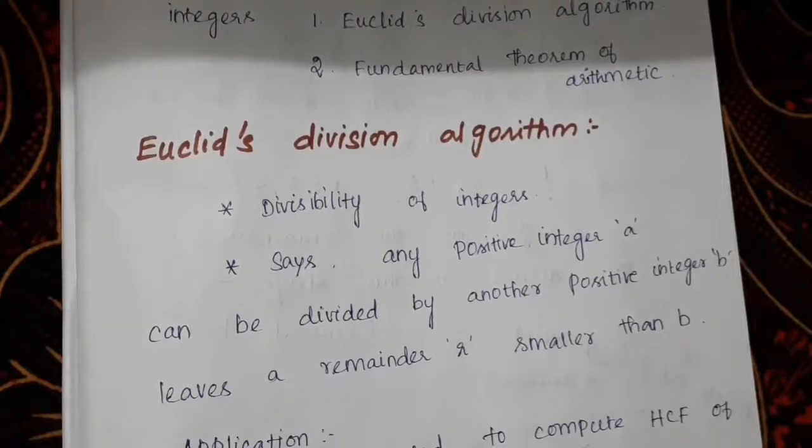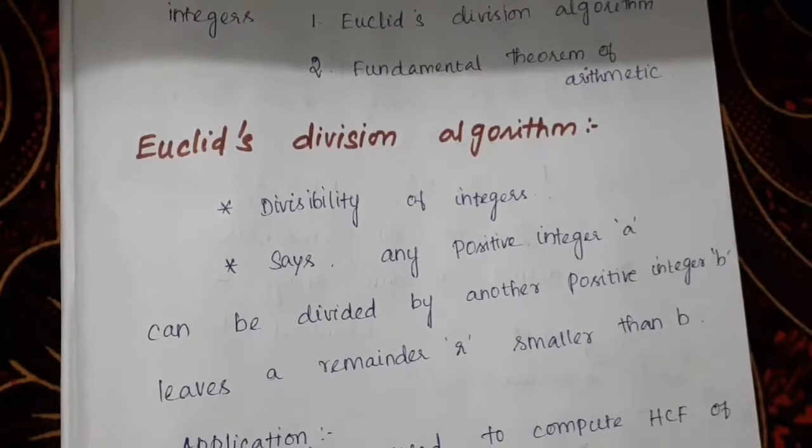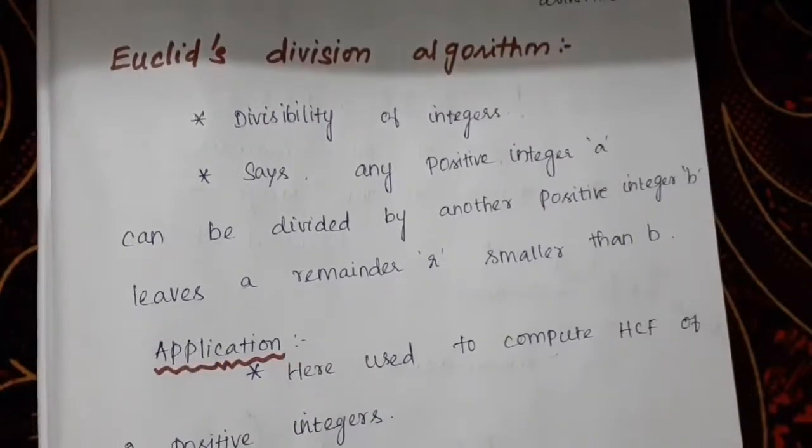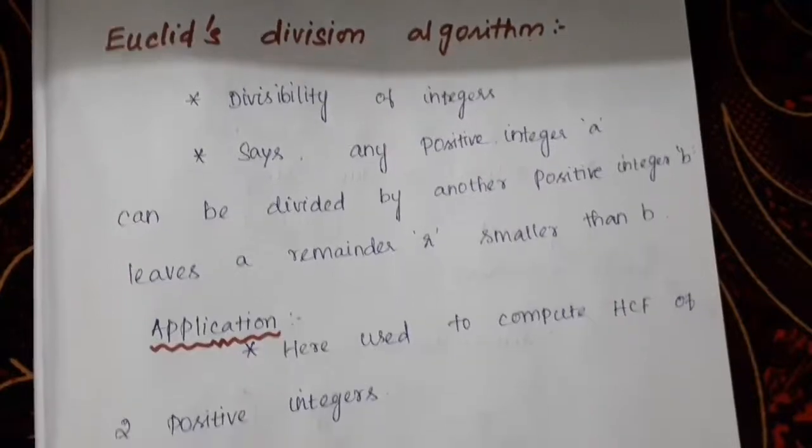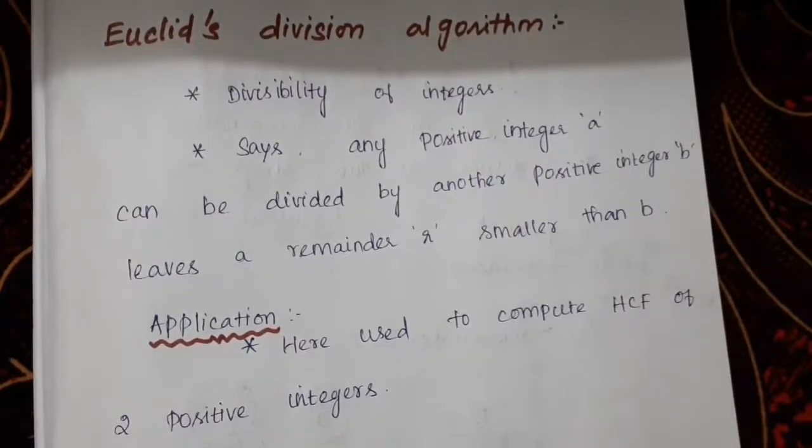Euclid's division algorithm has many applications. In this chapter, we are going to compute the HCF of two positive integers using the division algorithm. First of all, I'll explain clearly the statement of Euclid's division algorithm, and then we'll see how we use it to calculate the highest common factor of two positive integers.